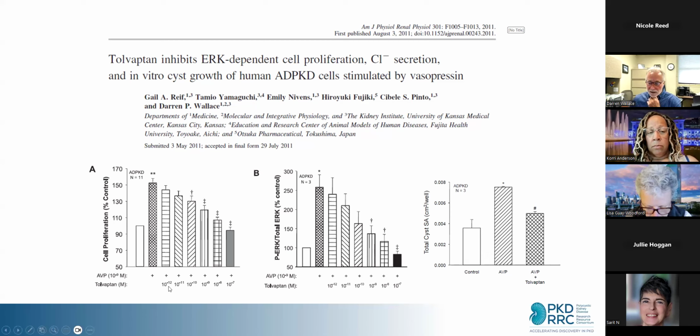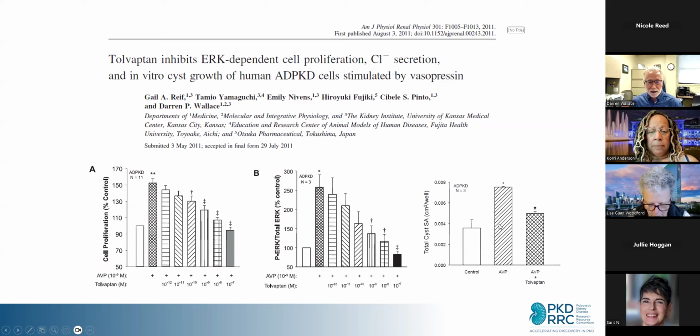And then if we added tolvaptan with increasing concentrations in the presence of the vasopressin, we saw inhibition of the cell proliferation, demonstrating that tolvaptan was effective on slowing the proliferation of the cystic epithelial cells. And in addition to that, we looked at a pathway that we suspected was involved in the proliferation pathway, and found that tolvaptan also decreased the phosphorylation of this key mitogenic component in the signaling pathway.